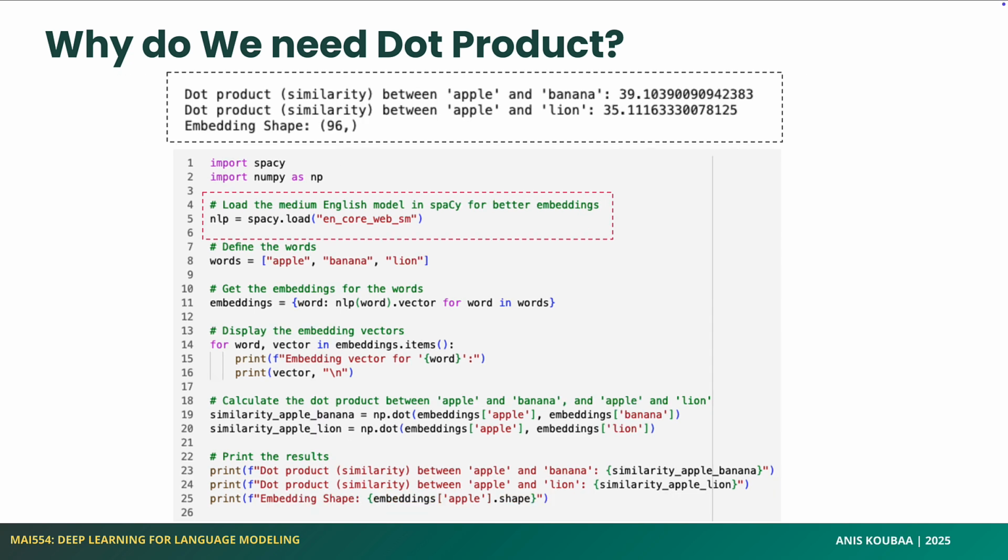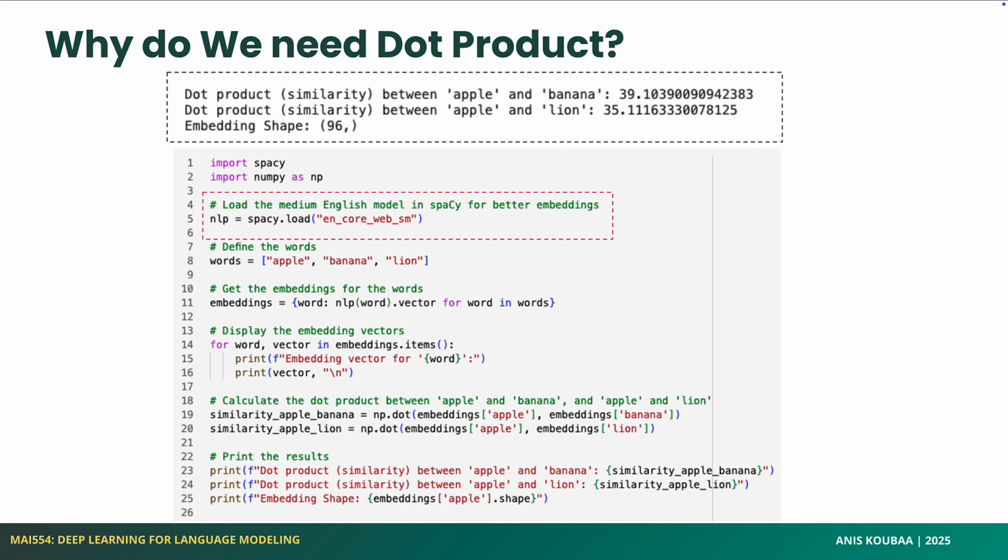Now doing the same thing, but look, using the smaller model. Is it able to capture the relationship? No. Apple and banana, 39, apple and lion, 35. I would say yes, but less significant. Okay, so we can make another observation: a larger model has the ability to make better differentiation.